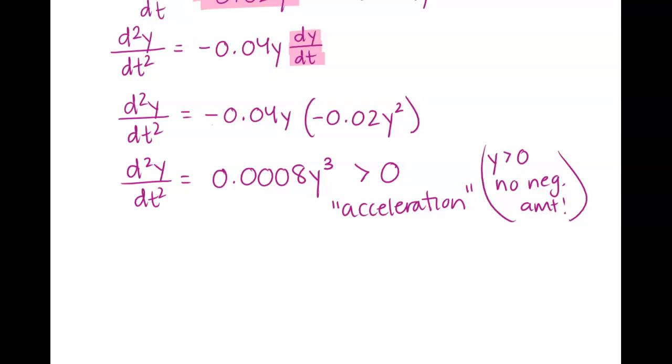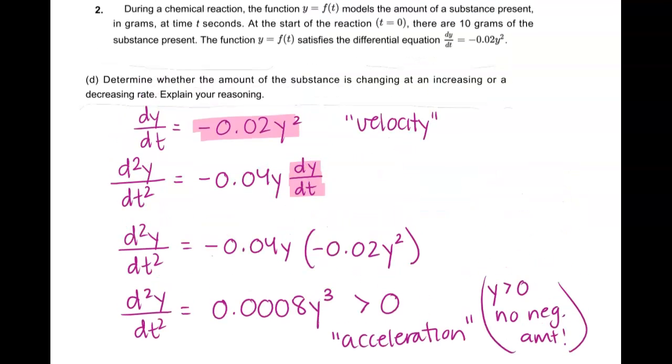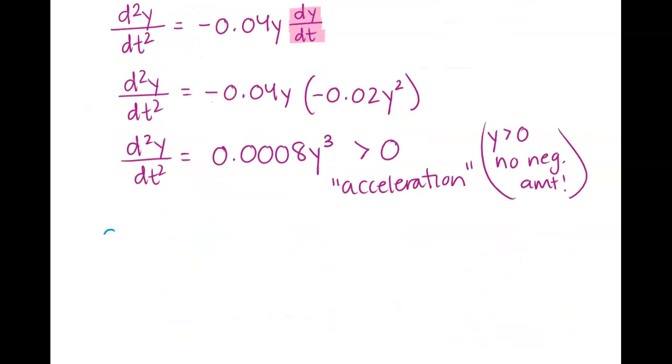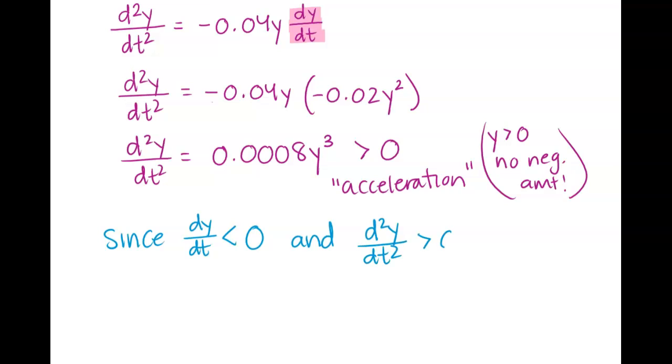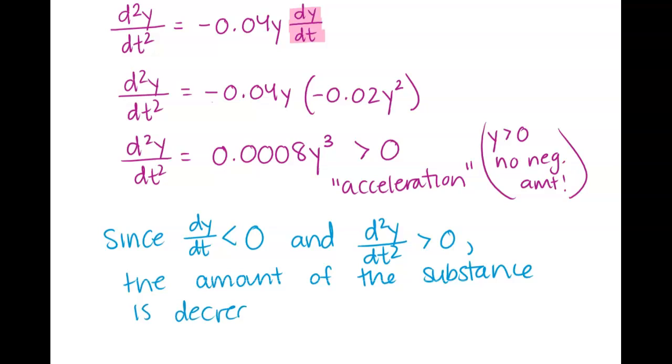and just to back up for a moment, we also know that the amount is decreasing because this rate is always negative, which we already talked about. So since dy/dt is less than 0, always, and the second derivative, d squared y over dt squared, is always greater than 0, the amount of the substance is decreasing, hence this negative.